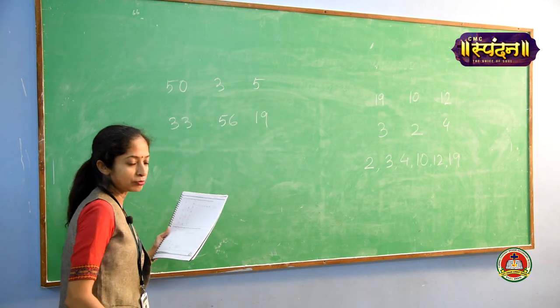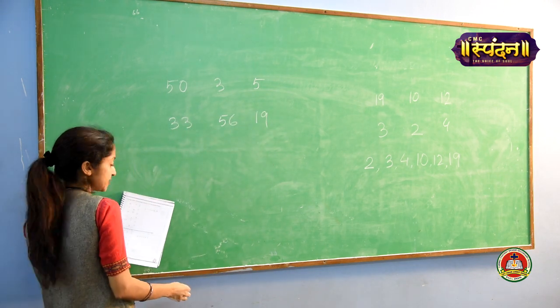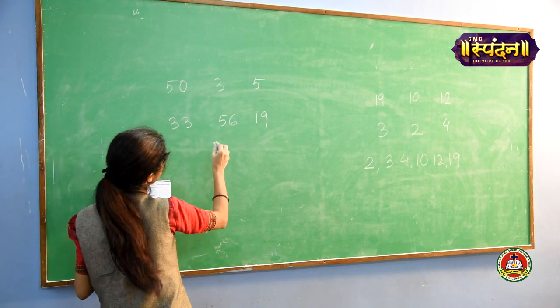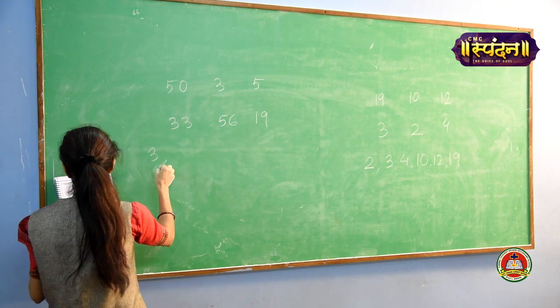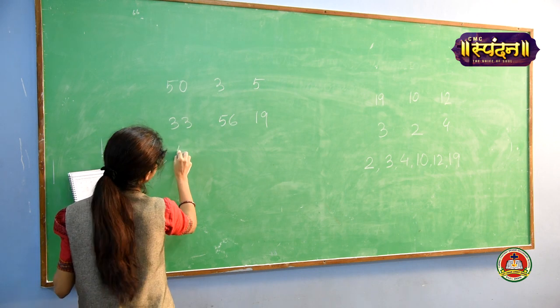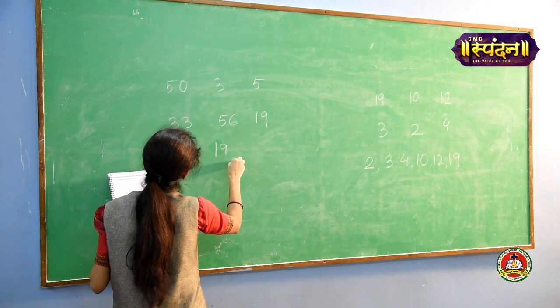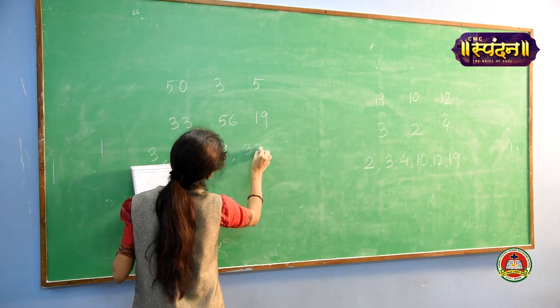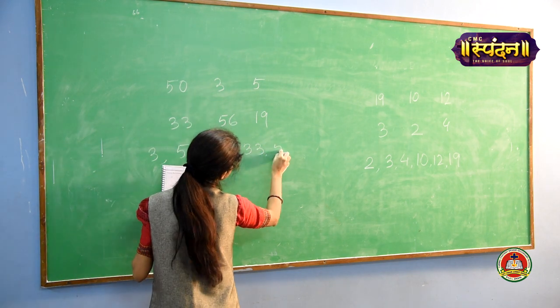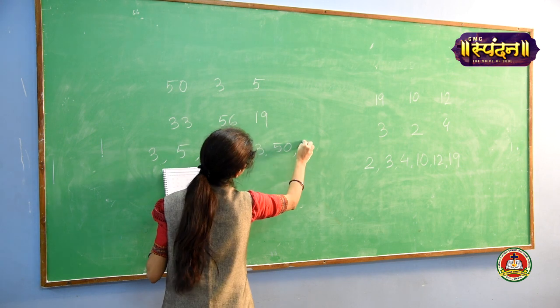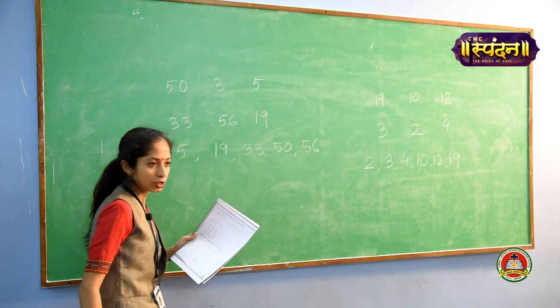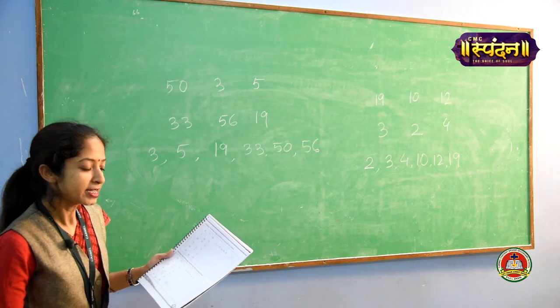Now we have to arrange these numbers in ascending order, small to big. Now which is the smallest number? 3, then next is 5, next is 19, then next is 33, then next is 50 and next is 56. Okay, clear? This was ascending order.